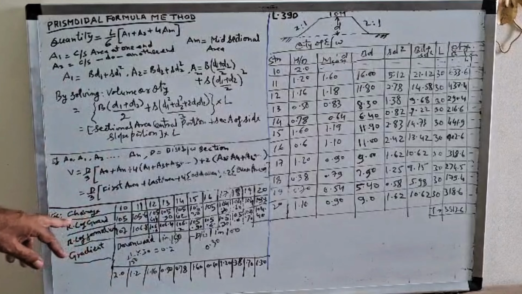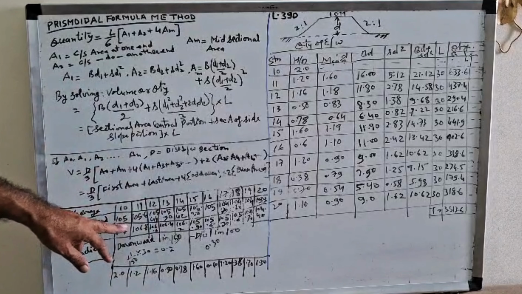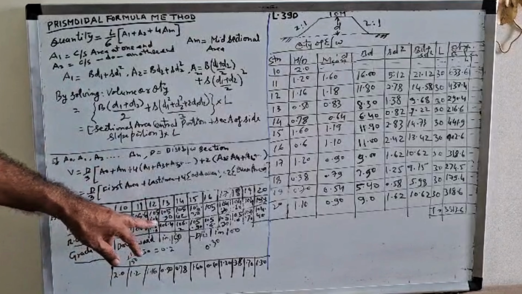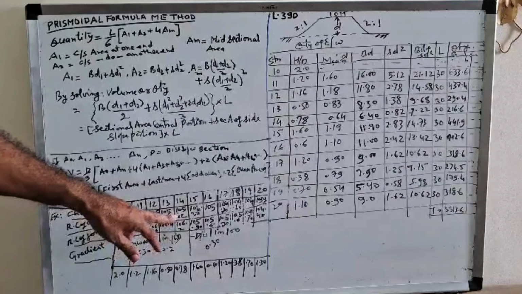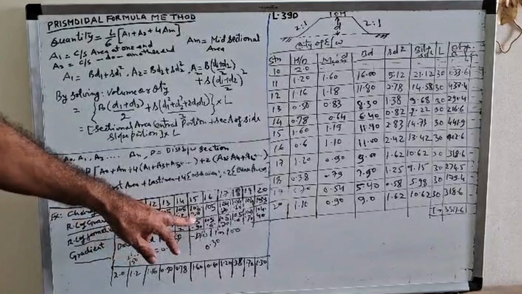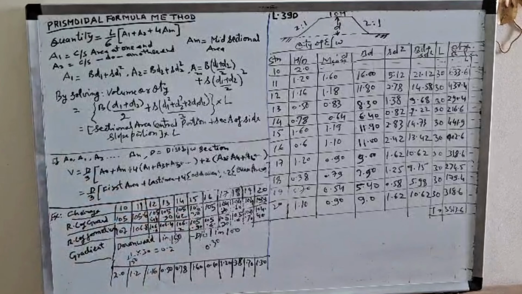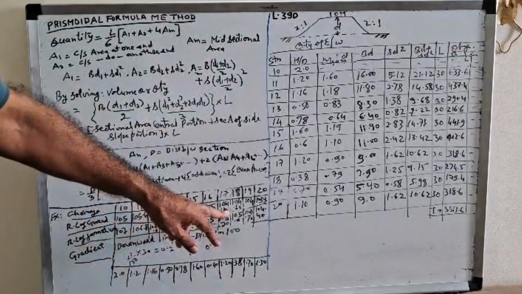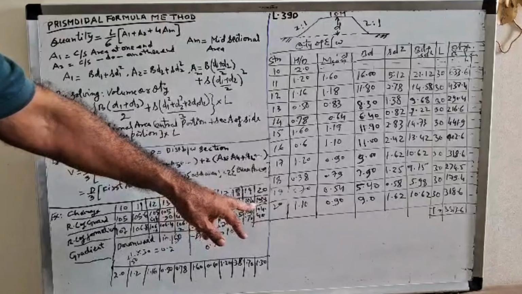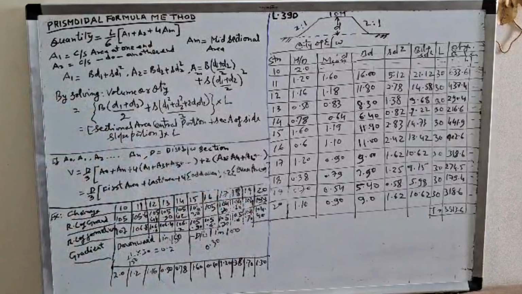So you can have the RL of ground 105, 105.6, 105.44, 105.90, 105.42, 104.30 and 105, and like that 104.70, 104.60, 104, 103.30.